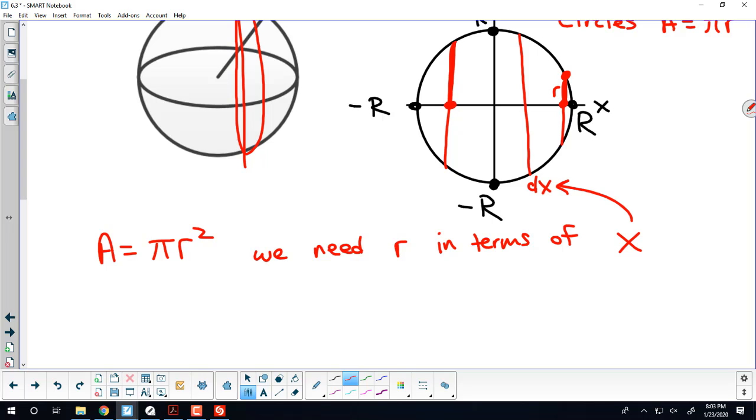So this endpoint would be what? It's here on the x-axis. So just in general, how do you measure that length? Top minus bottom, right? So we can say that the radius of this circle is what?